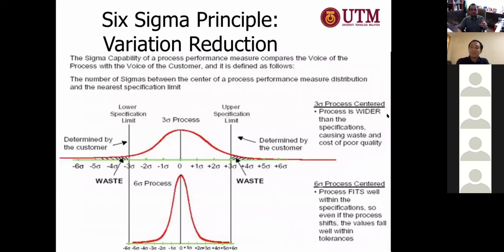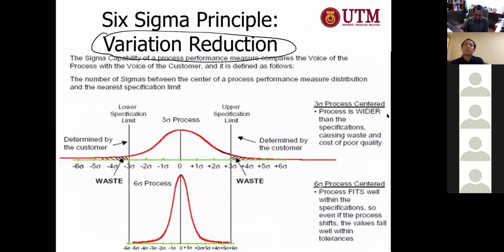Okay. What is the Six Sigma principle? To reduce variation. The principle of Six Sigma is to reduce variation. Sigma capability of process performance measure compared to the voice of customer is defined as follows: the number of sigma between the center of the process performance measure distribution and the nearest specification limit.